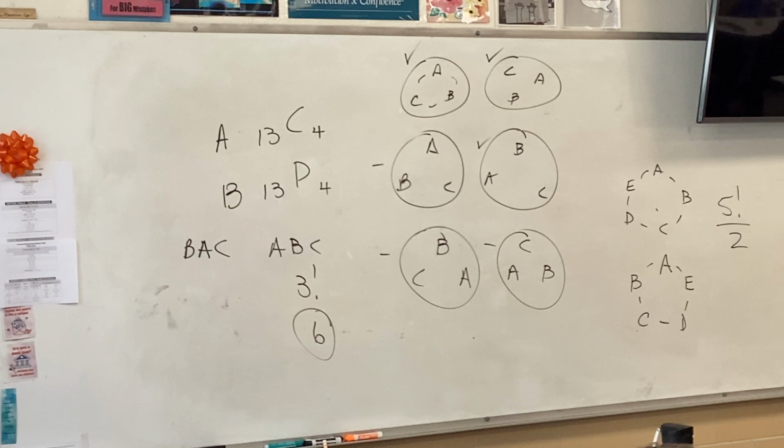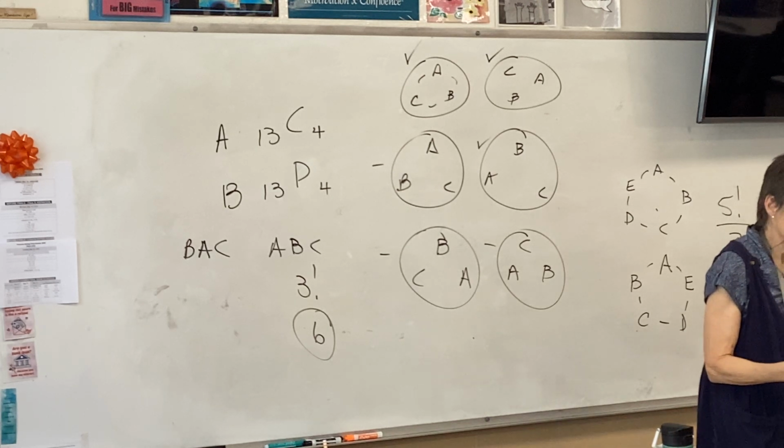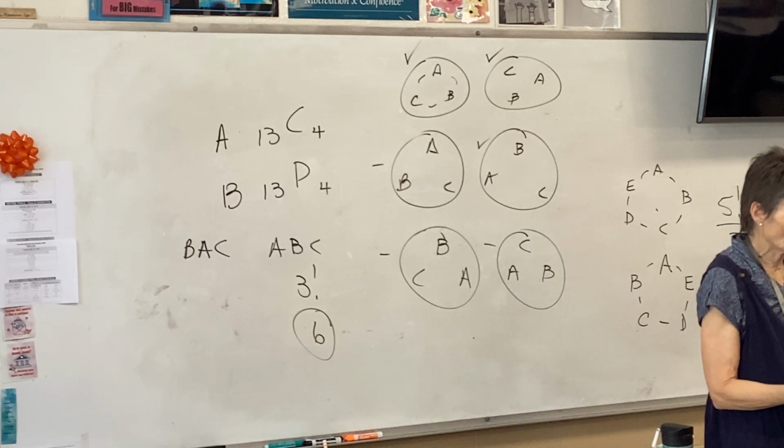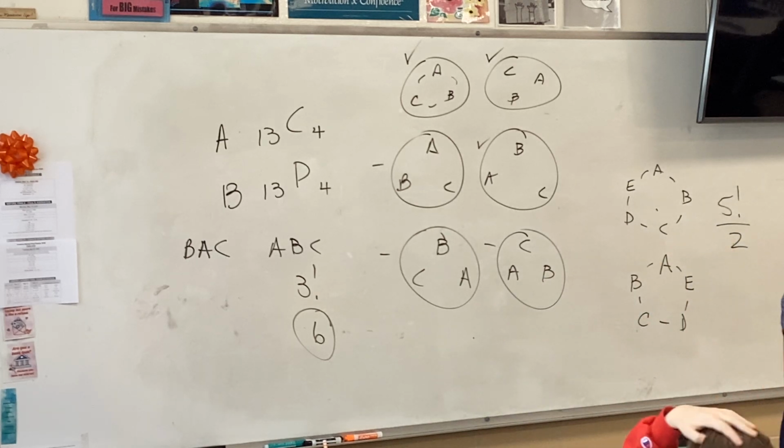Another new idea. How many necklaces can be made from 1 blue, 1 yellow, 1 green, 1 orange, 1 pink, and 1 purple bead? Okay, now wait a second. 1, 2, 3, 4, 5, 6 beads. They're all different. But I'm making a necklace out of them, which means they're going into a circle.